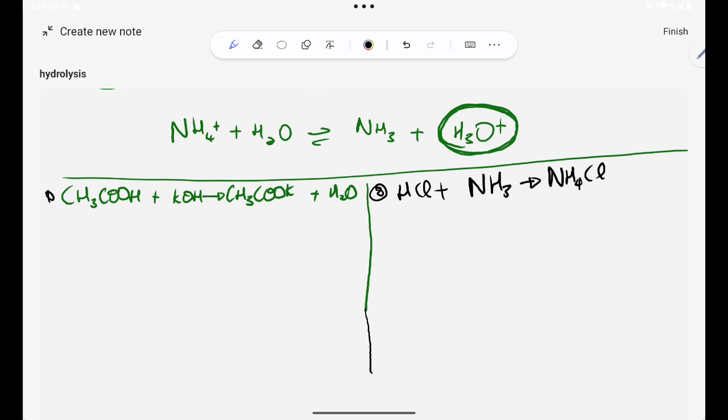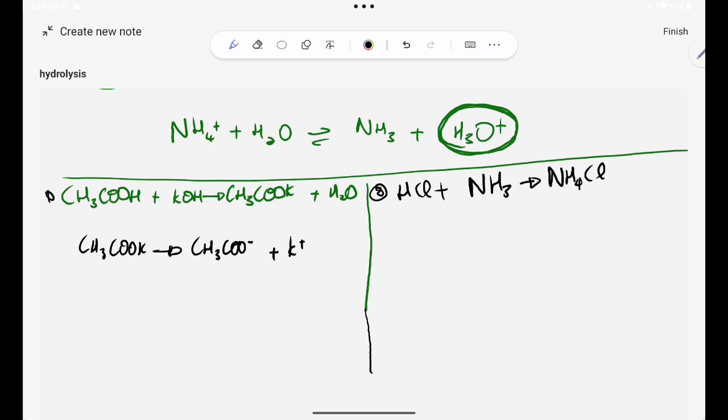Okay, for the first reaction, I have CH3COOK. The first thing I need to do is to dissociate my salt, right? I will have CH3COO minus plus the K plus ions.